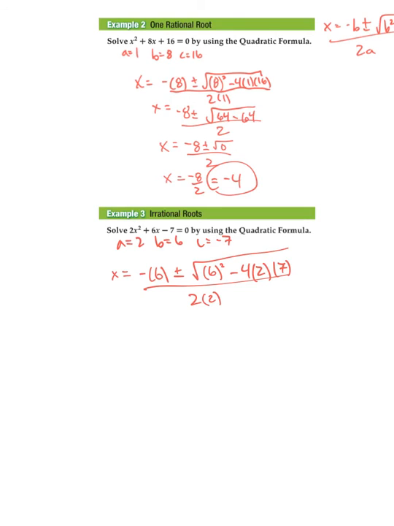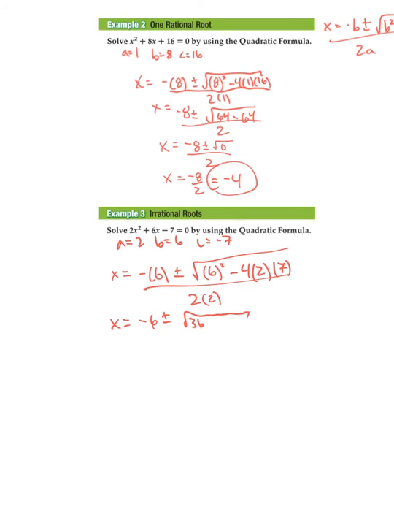Sorry, let me pull up my calculator. I know we're going to need it on this problem, so I want to have it ready. So simplifying, x equals negative 6 plus or minus, well, 6 squared is 36, minus 4 times 2 is 8, times 7.